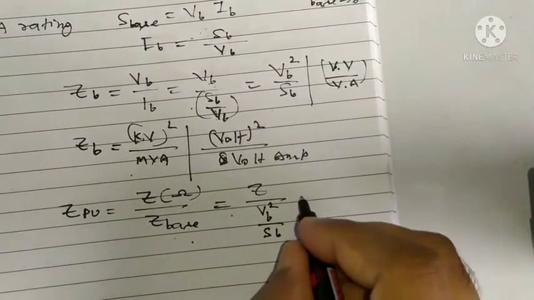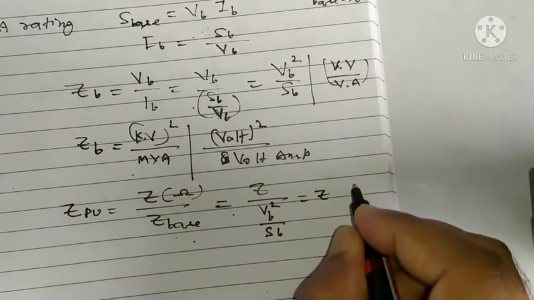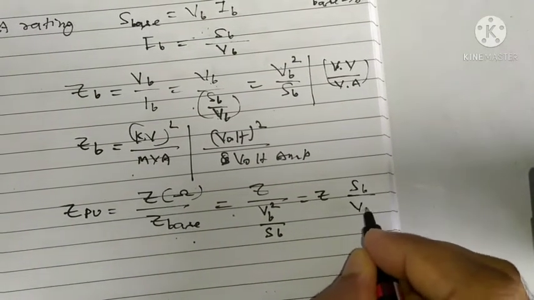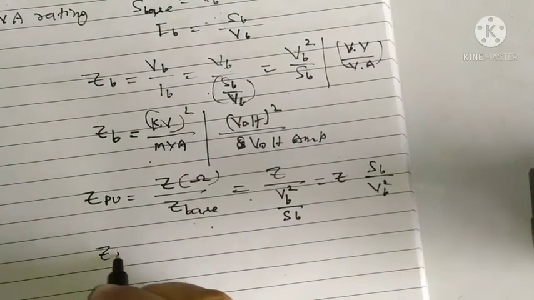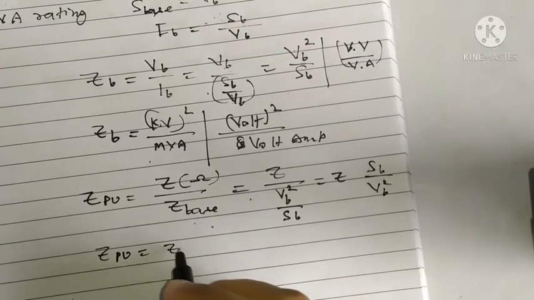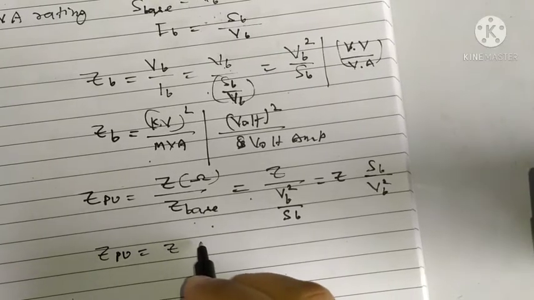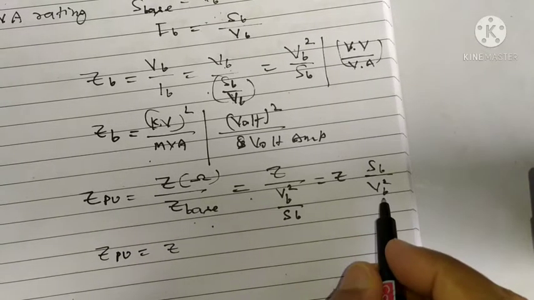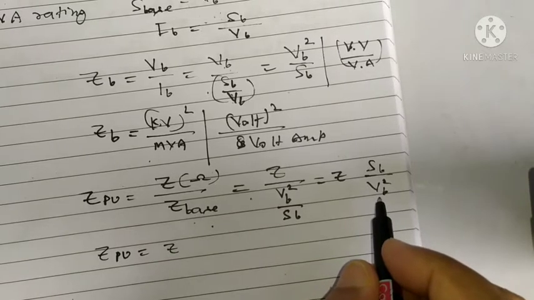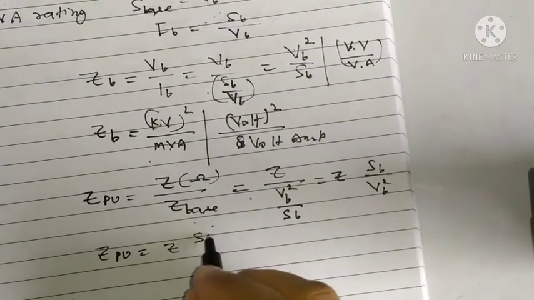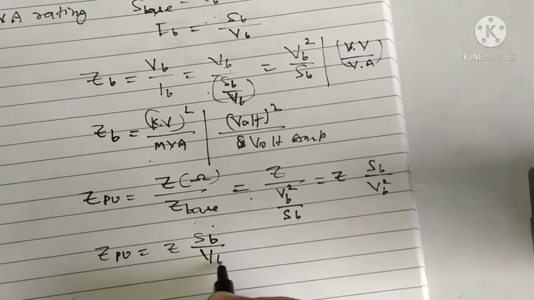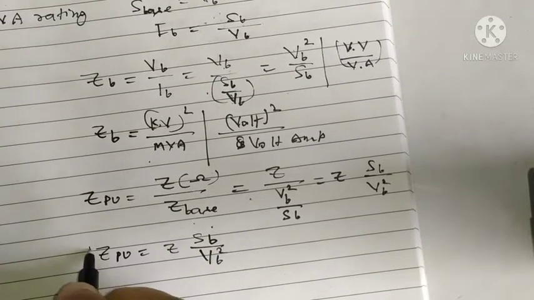So I can write here it is Z into S base by V base square, right? So per unit impedance can be written as Z actual value into VA rating by voltage square, or kVA rating. So this is what S base by V base whole square.